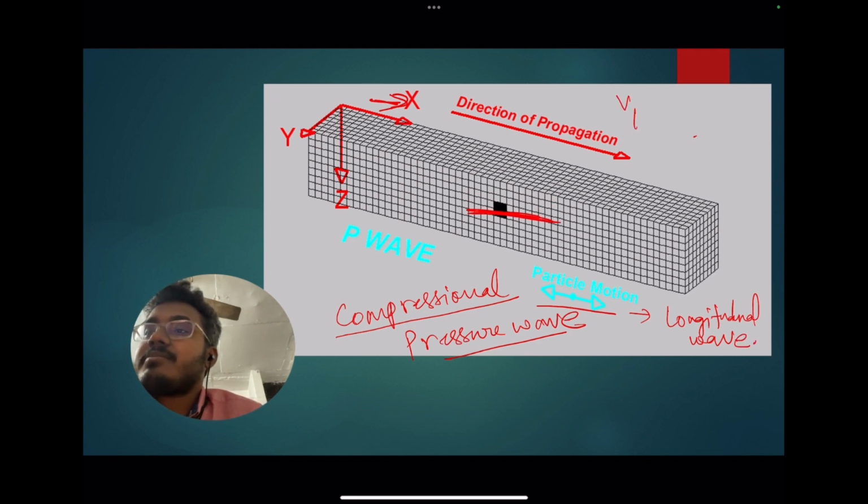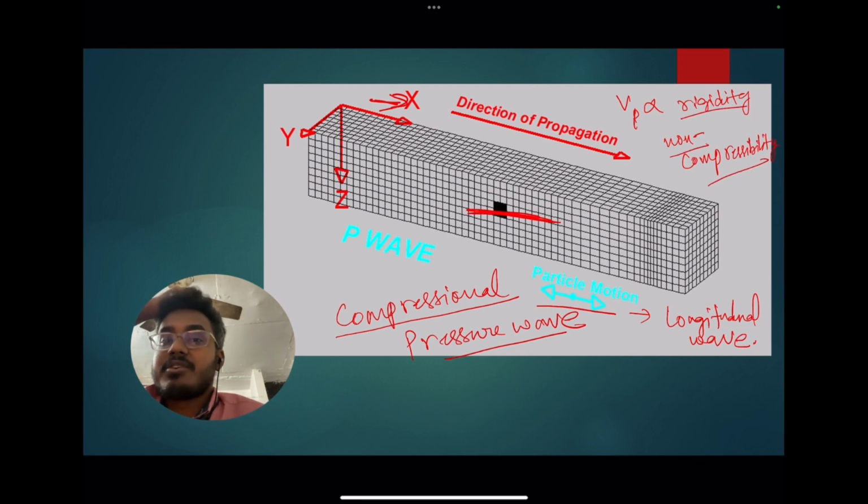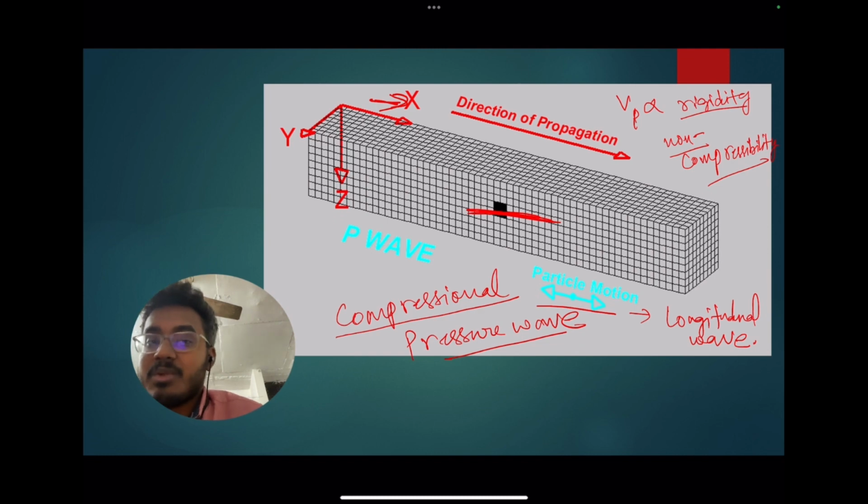Its velocity depends on rigidity of the material and non-compressibility. If it is compressed easily, then through that medium, velocity of the P wave will be less.